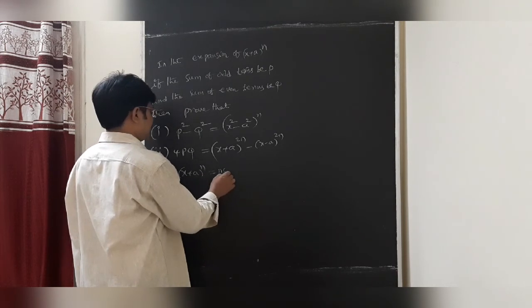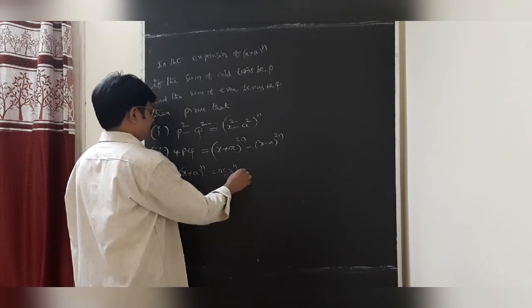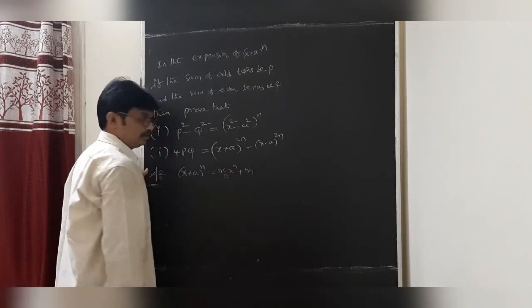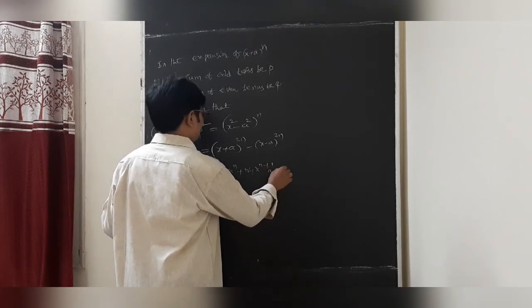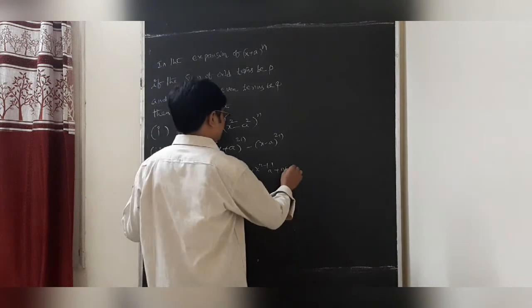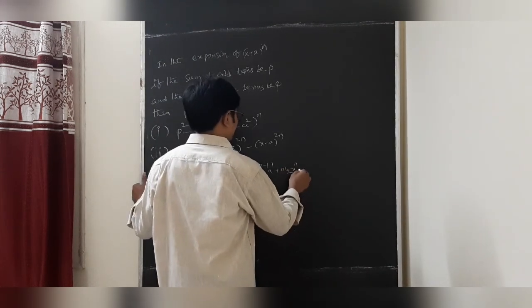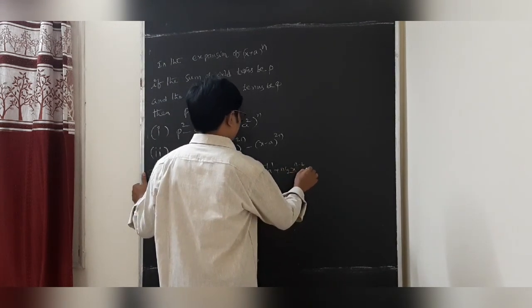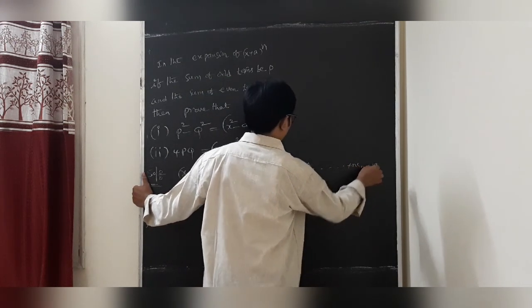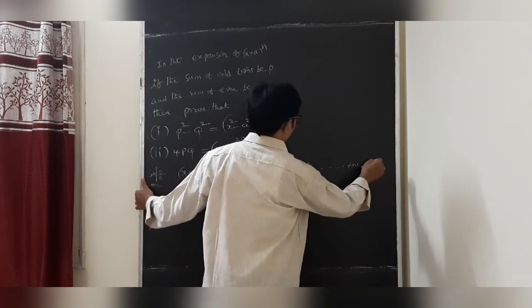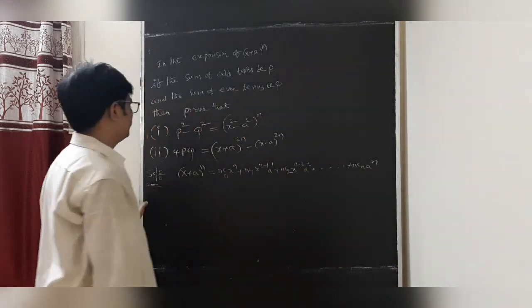What is it? nC0 x power n, nC1 x power n minus 1 a power 1, nC2 x power n minus 2 a square, and so on, nCn a power n.